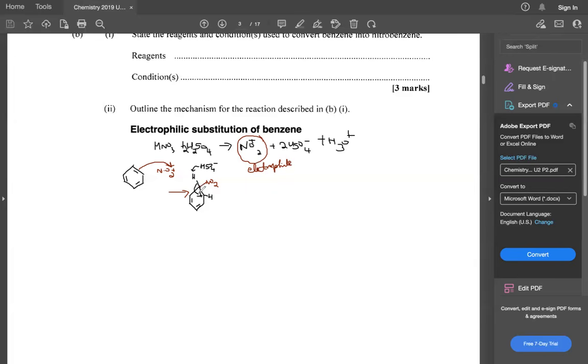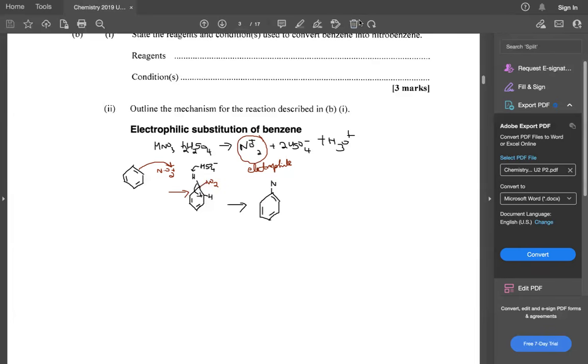And so as a result, we're going to end up getting this kind of substitution taking place, where now we have our benzene ring, right? Because this hydrogen left and donated its electrons back to this carbon, we're going to recover our double bond that was there before. And this one was here as well from before. And then our nitro group is still going to remain at the top there.